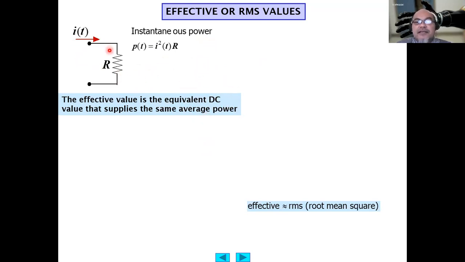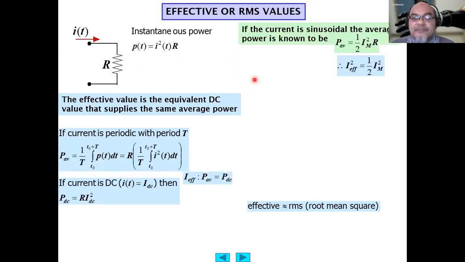So as we know, in a DC circuit, the instantaneous power p(t) across a dissipative component like a resistor will be equal to i squared(t) times R, the instantaneous current squared times the value of the resistance.